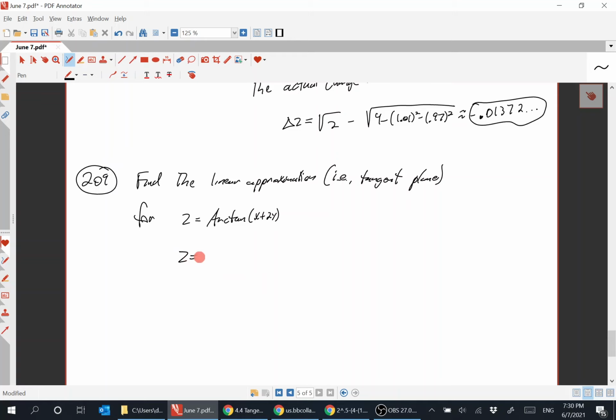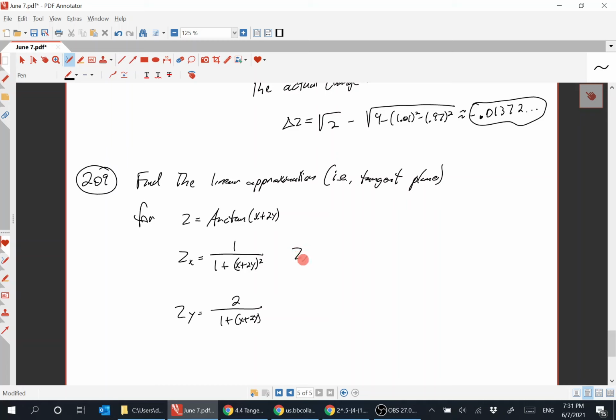Partial z with respect to x: derivative of arctangent is 1 over 1 plus (x plus 2y) quantity squared, times the derivative of the inside with respect to x, which is just 1. So this is zx. Zy is the same thing, times the derivative of the inside with respect to y, that's just 2. So not symmetric, but almost symmetric.